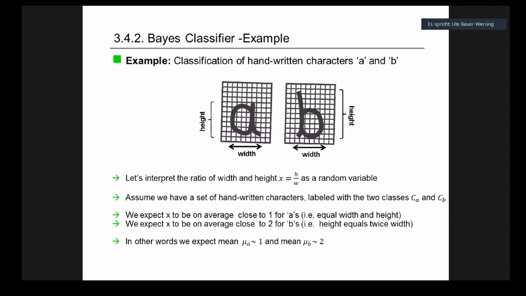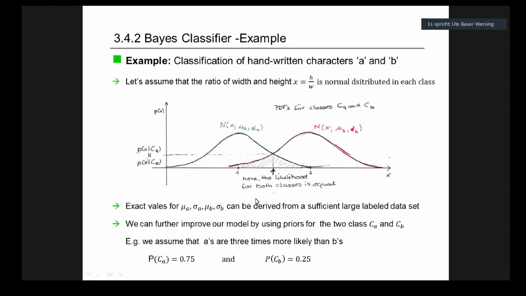What the exact numbers are, this is what we can estimate from our training data or from our set of handwritten characters. Okay, let's draw this.